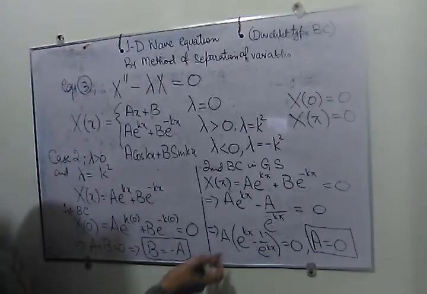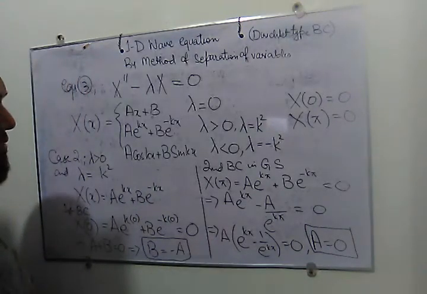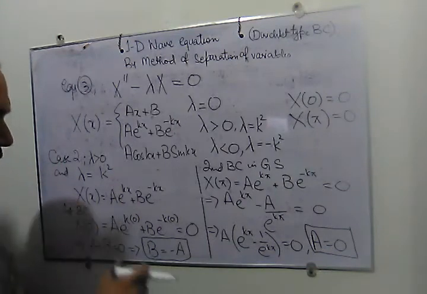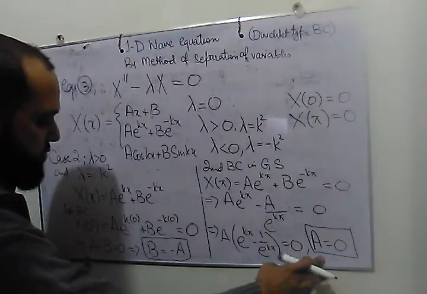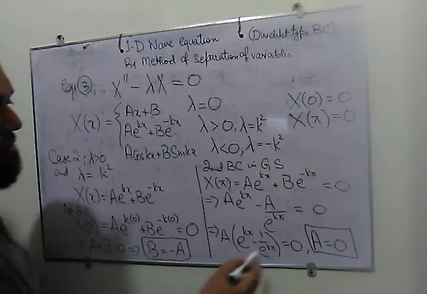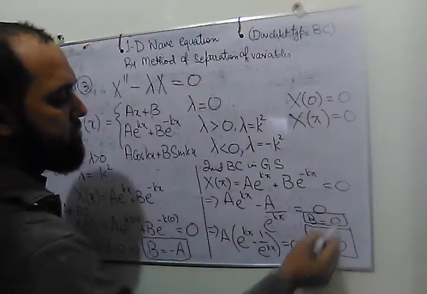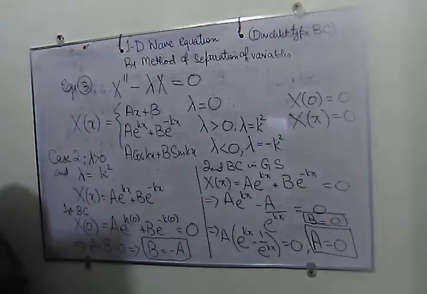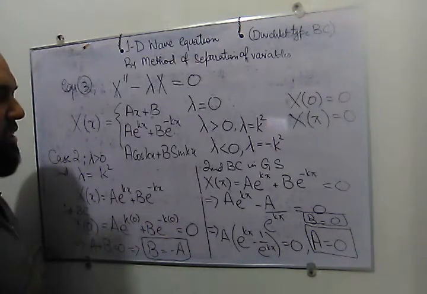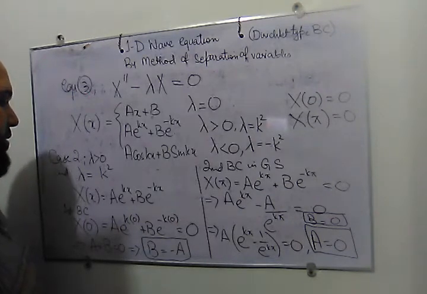There is no other situation in which we can save the a. If a is equal to 0, you see that b is equal to minus a, so b is equal to 0. So for a solution in which both of the coefficients are 0, we cannot go further by using this solution and we cannot find any information.